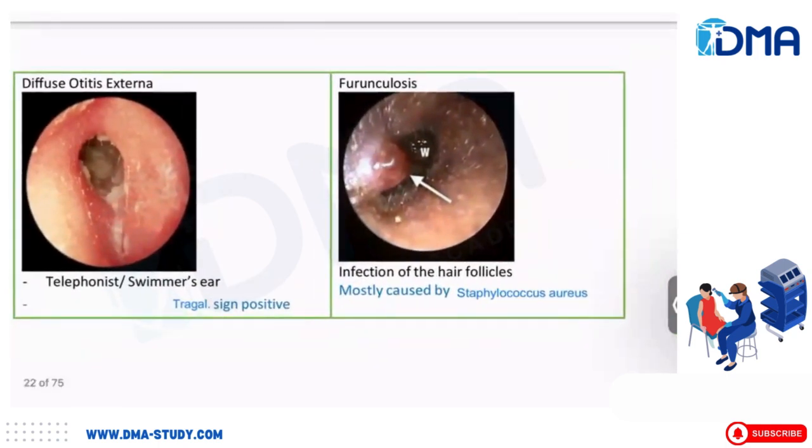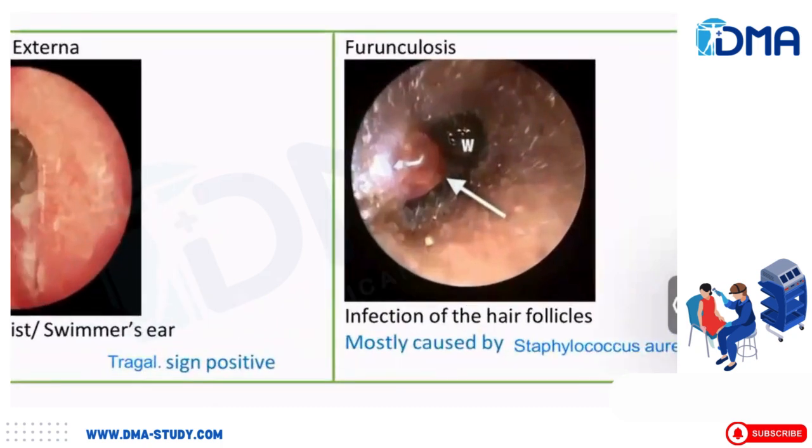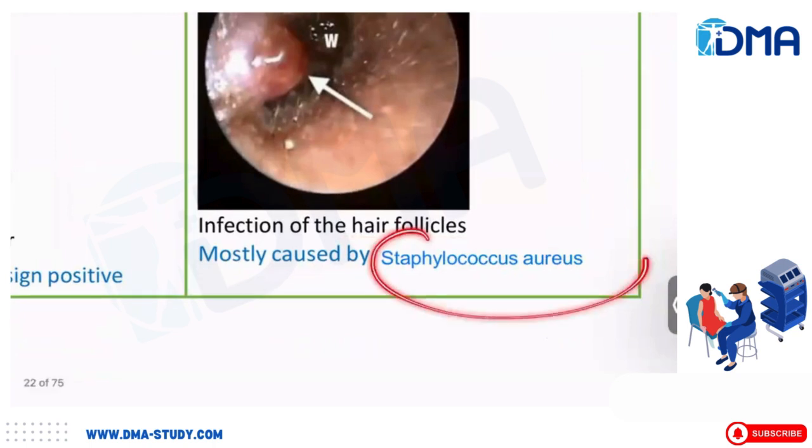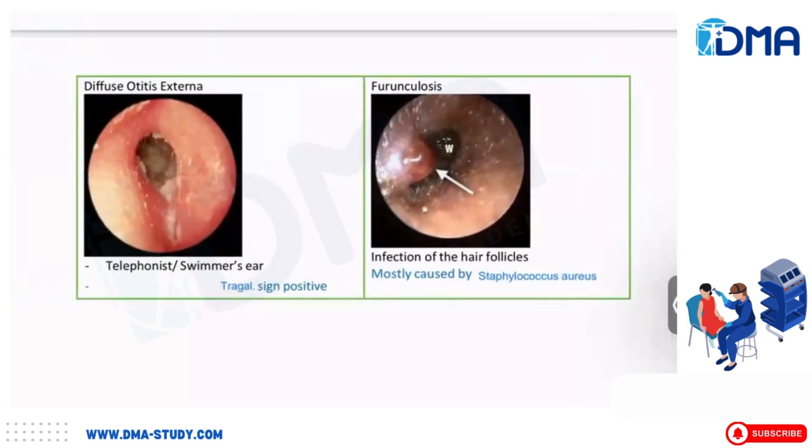If the infection is very localized, only a particular part has been affected, not the entire canal, infection of the hair follicles caused by Staphylococcus aureus is called furunculosis. Got it?